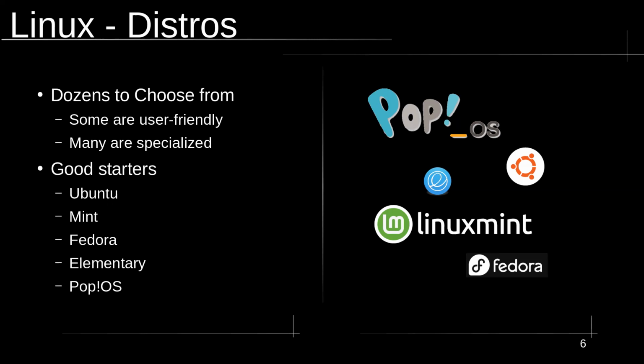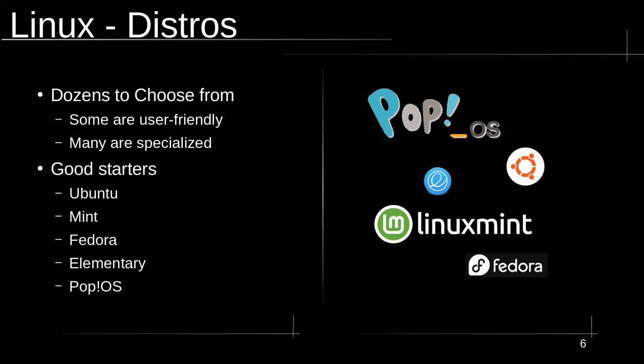And then Pop! OS, which is actually a relatively new one. It's created by a company called System76, who builds Linux laptops exclusively for Linux. It's also based on Ubuntu, but it has a very unusual interface. And so that's kind of fun. Any one of these is really good as a starter version of Linux to get into and to kick around.